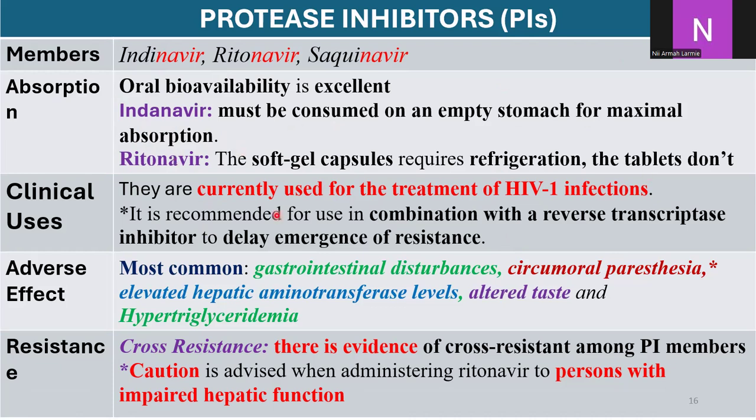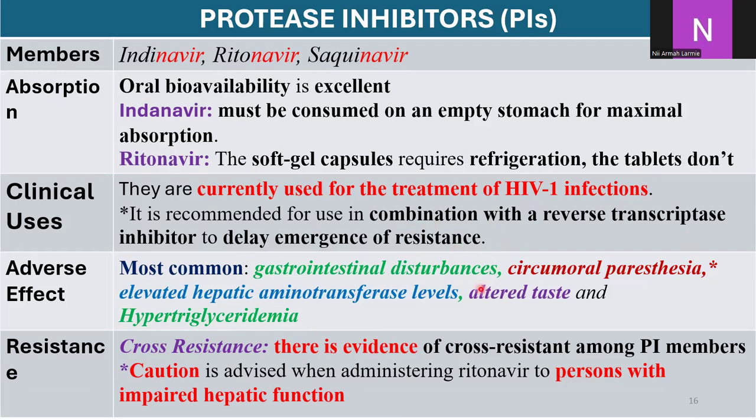Protease inhibitors are currently being used for HIV-1 infection, and it is recommended that they be used in combination with other agents like the reverse transcriptase inhibitors so that it delays the emergence of resistance. Common side effects associated with these drugs include gastrointestinal disturbances.